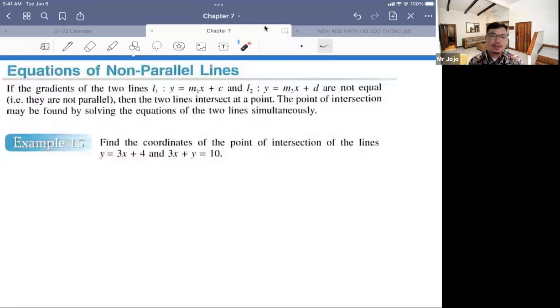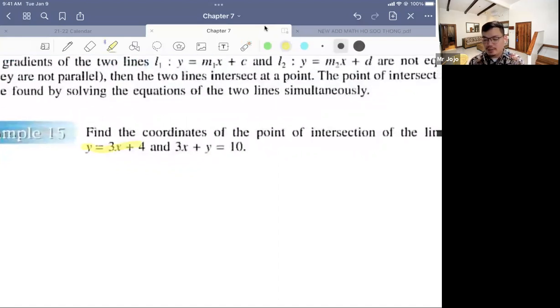I'll just use substitution because you can clearly see that you can substitute this for y, because y equals 3x plus 4.